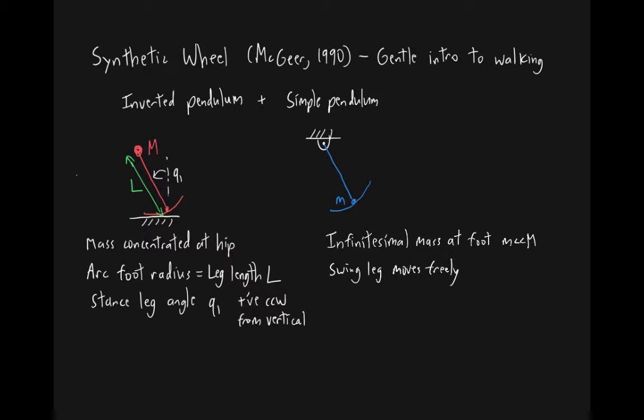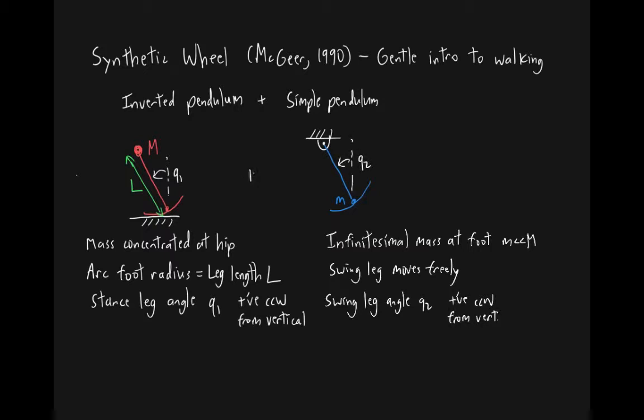And when we release it from the ceiling, we're going to attach it to the hip of the inverted pendulum. That inverted pendulum is going to act like a base for the simple pendulum, and that base is going to move at constant speed. The swing leg angle we're going to measure with an angle Q2, which is also measured positive counterclockwise from the vertical.